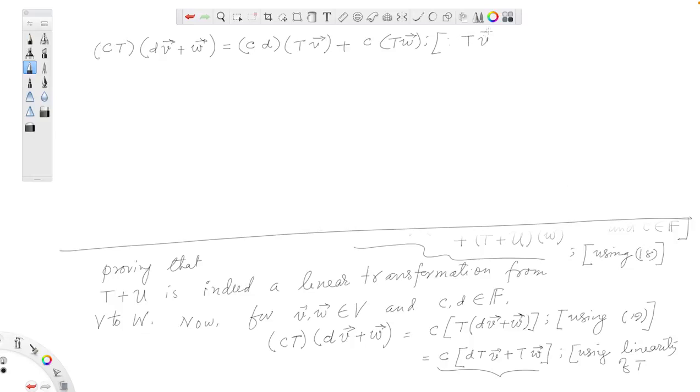Since both Tv and Tw are in the vector space W and c and d are scalars, and we know that W is a vector space defined over the ground field F. W is an F vector space.